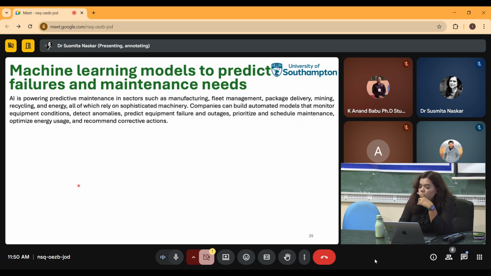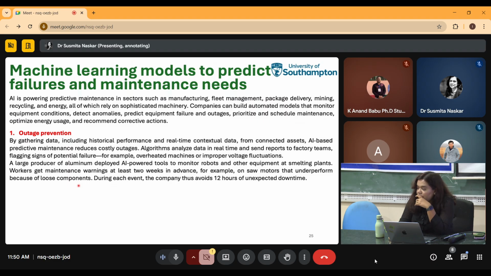Now if we focus on the key applications, the first one is outage prevention. By gathering large amounts of historical and real-time contextual data from connected assets, AI-powered predictive maintenance can help us reduce costly outages. These algorithms analyze the incoming data instantly and can alert us about potential issues, such as overheated machines or irregular voltage levels, way before a breakdown can actually happen.